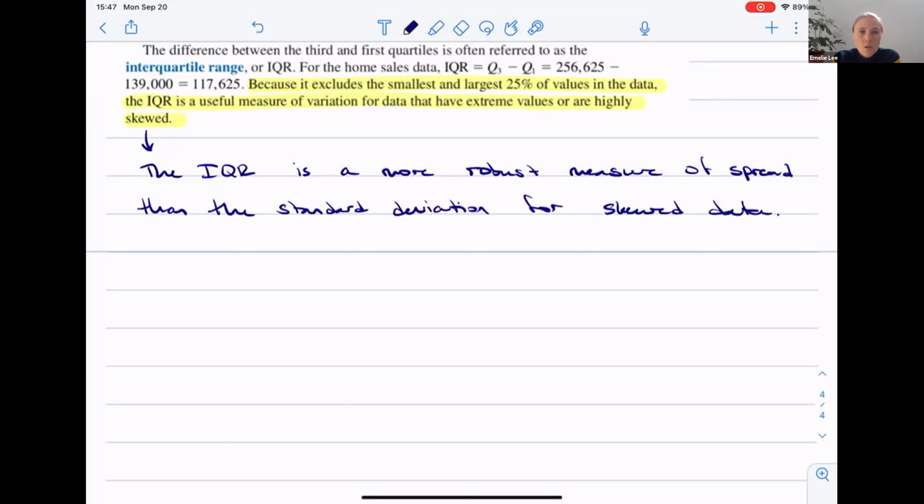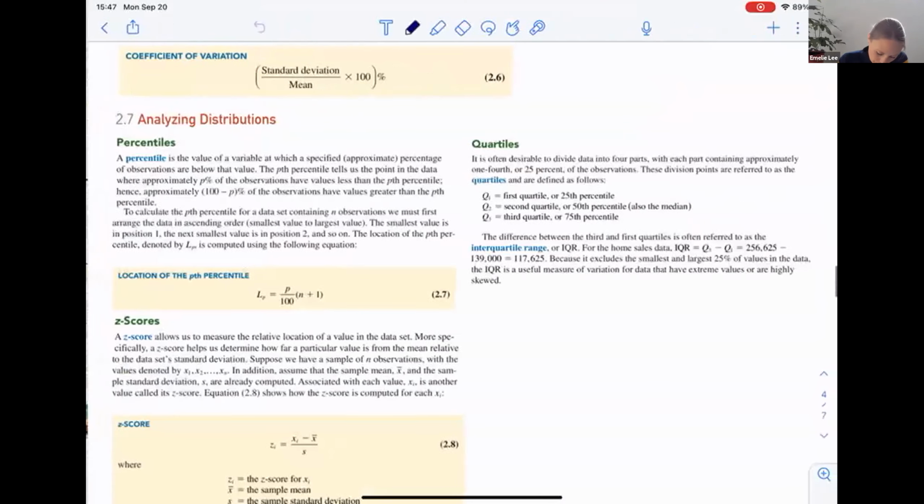So if we have skewed data, we should be looking at the interquartile range for a measure of spread.